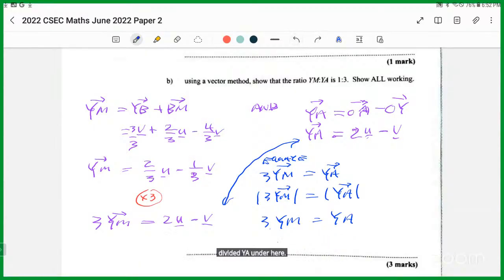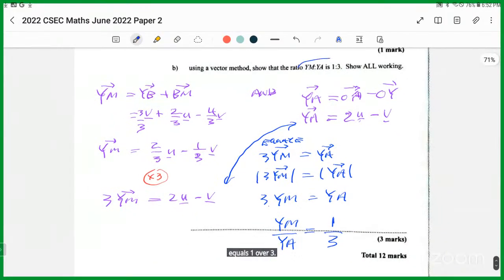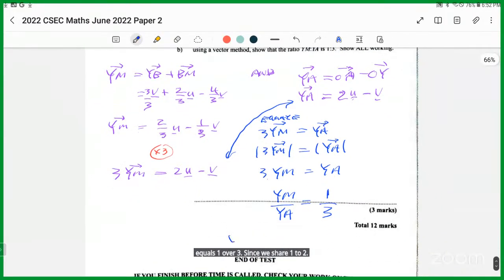So you're going to get YM over YA equals 1 over 3. So the ratio is 1 to 3. And this means that YM to YA is 1 to 3. And that is shown.